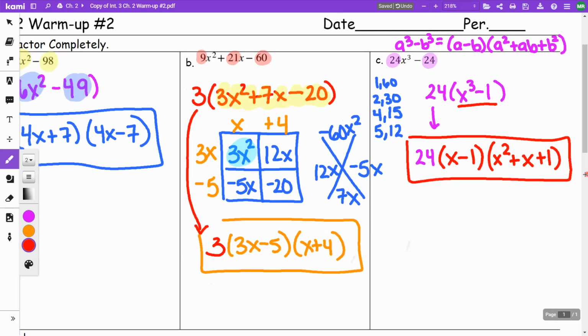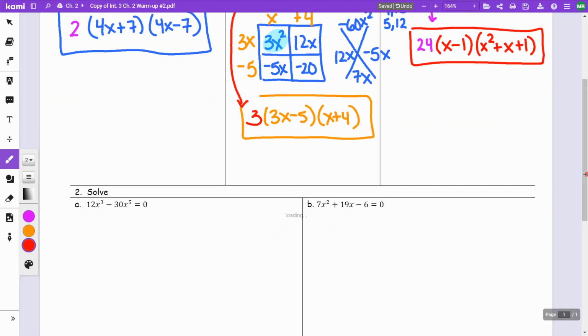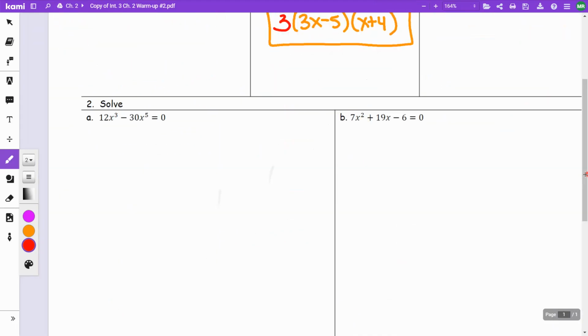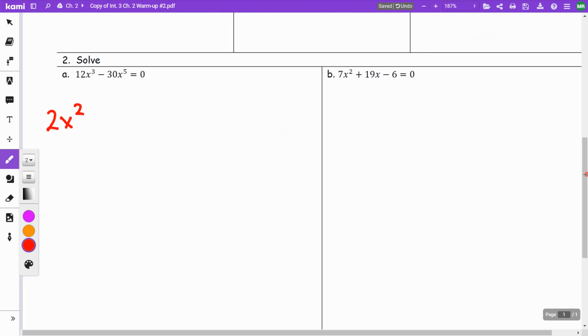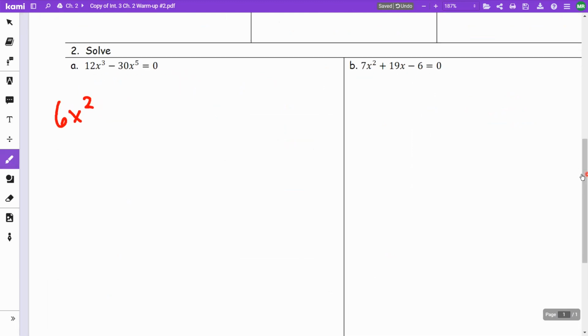On number 2, 2a, I am going to factor something from 12x cubed and 30x to the 5th. Actually, a 6x squared, because 6 goes into 12 and 6 goes into 30.